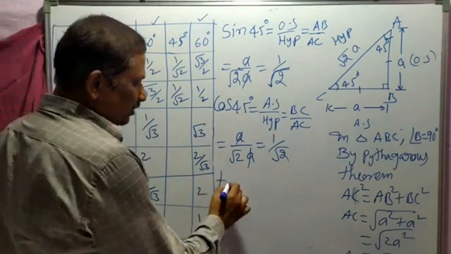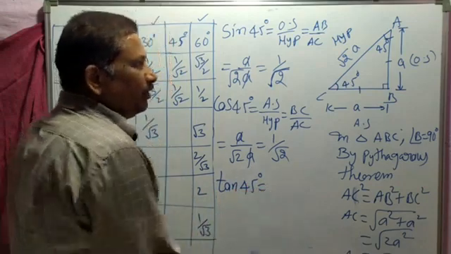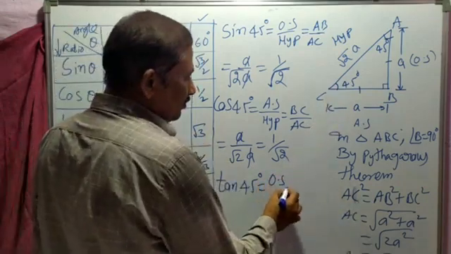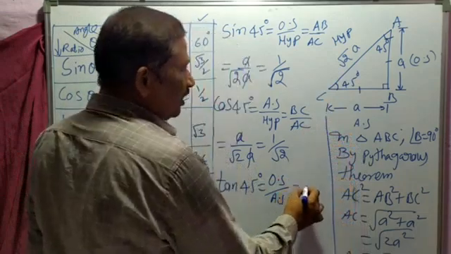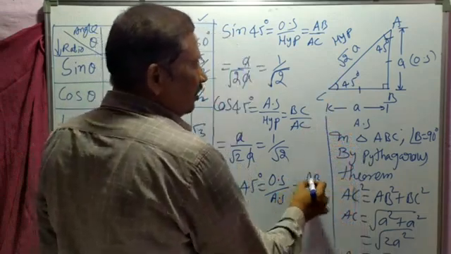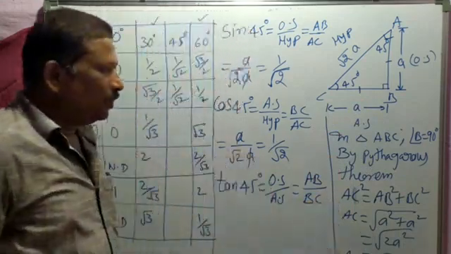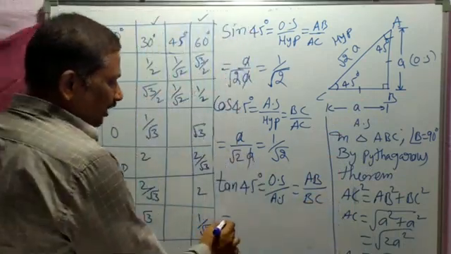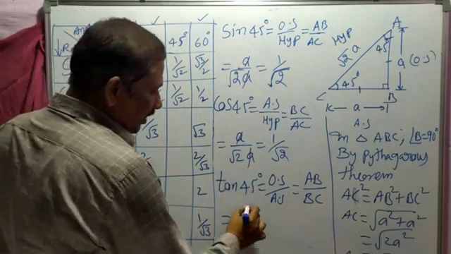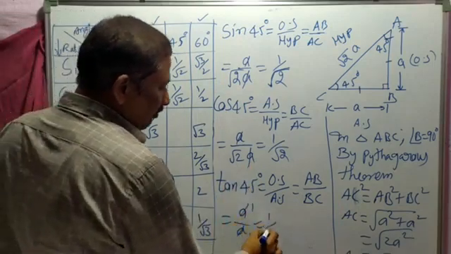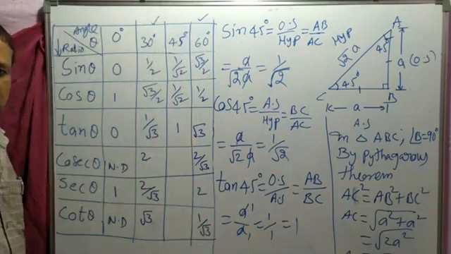Tan 45 degrees is nothing but opposite side by adjacent side. So your opposite side is AB, adjacent side is BC. So AB is nothing but A and BC is also the same value A. A gets cancelled. 1 by 1 is nothing but 1. So tan 45 value is 1.